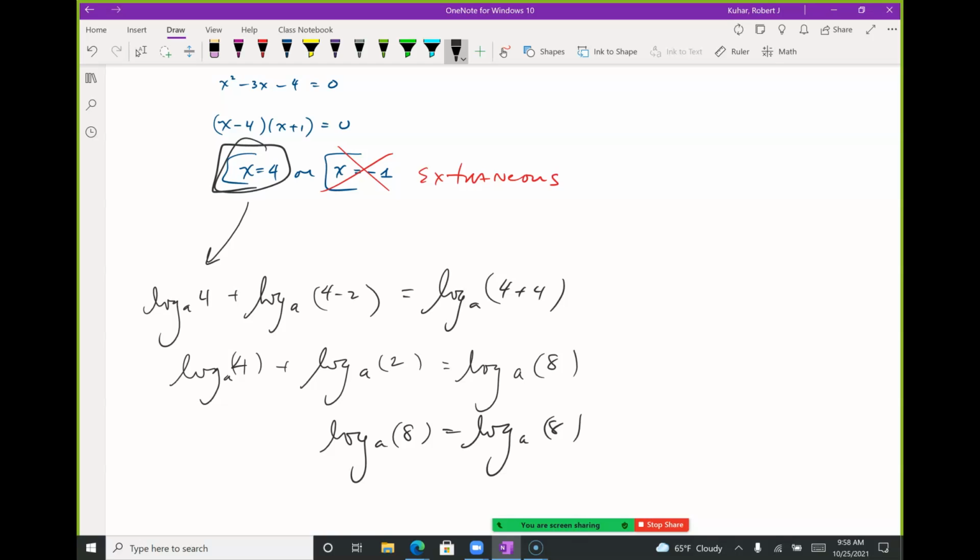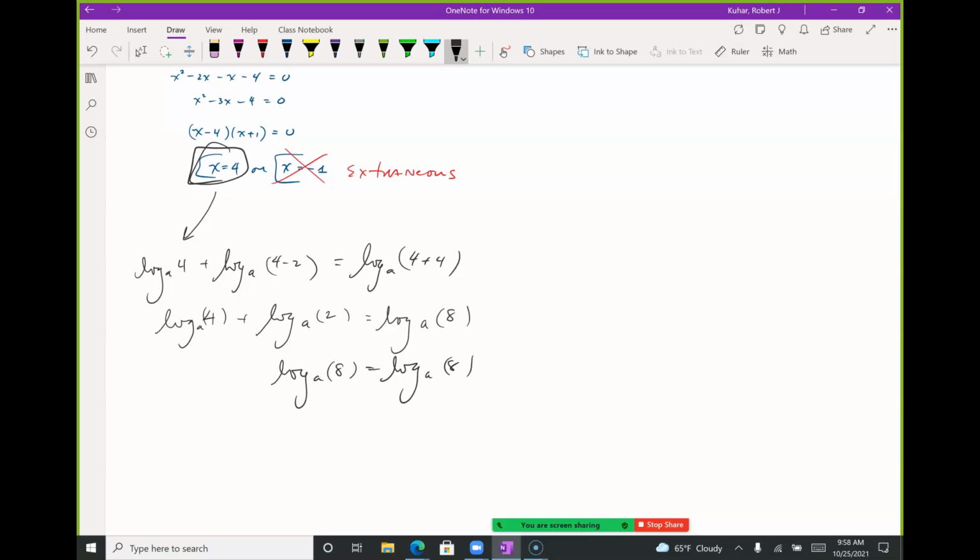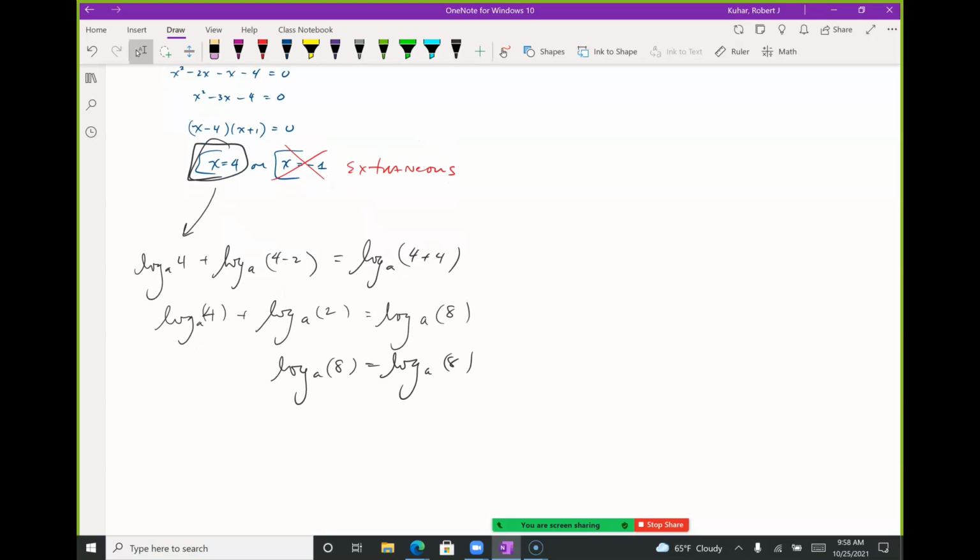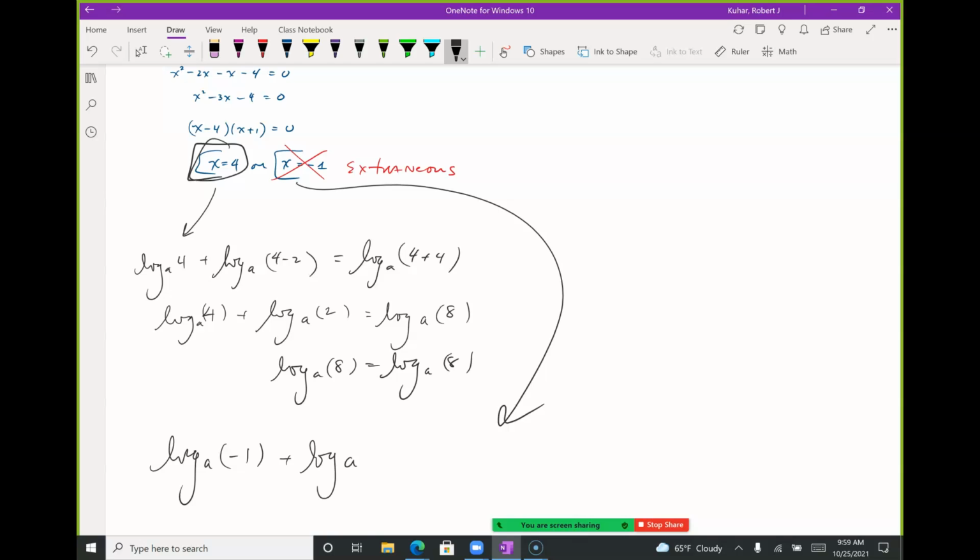I put it in, it worked, right? It's just like when we were first solving quadratics. Once you get an answer, put it back in and make sure it works. So when I check the negative 1, I get log base a of negative 1. That's already trouble. Plus log base a of negative 1 minus 2, trouble, equals log base a of, what was it?